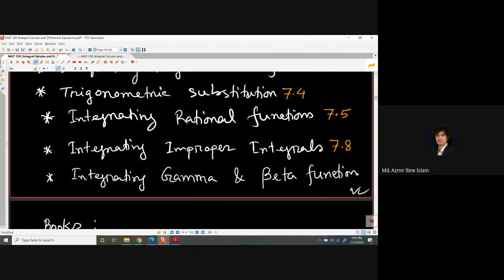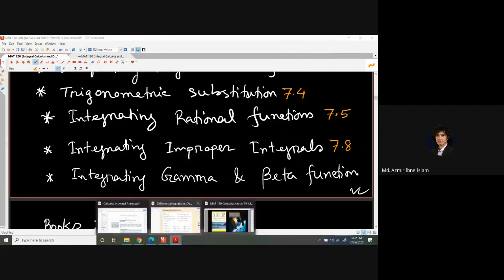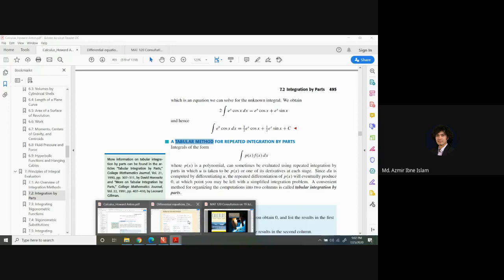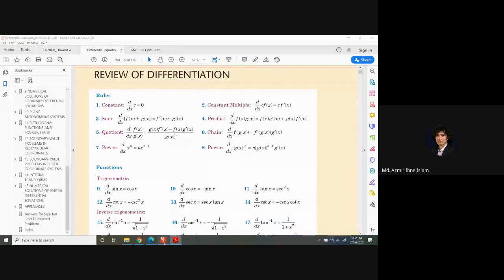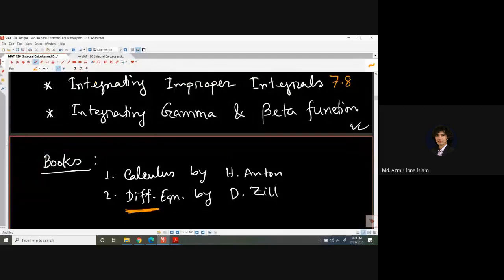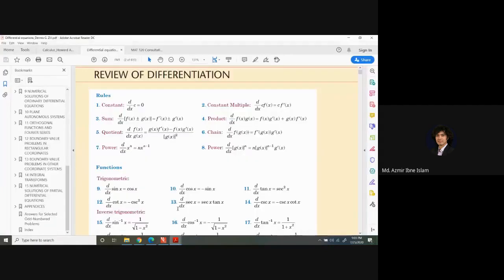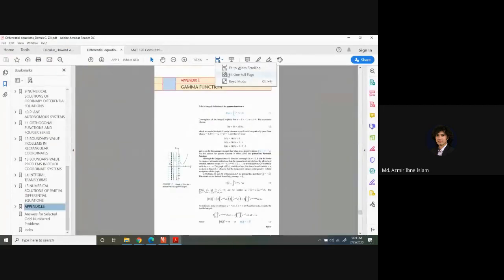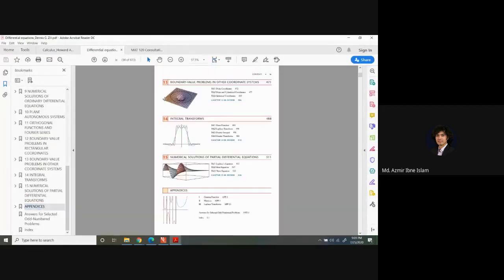For the gamma and beta functions, you will not find these directly in Howard Anton's book, but you will find the gamma function in another reference book, Differential Equations, written by Dennis Zill. In this book, in the appendix section, you will find the gamma function.